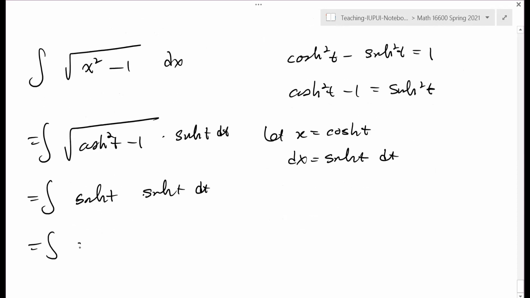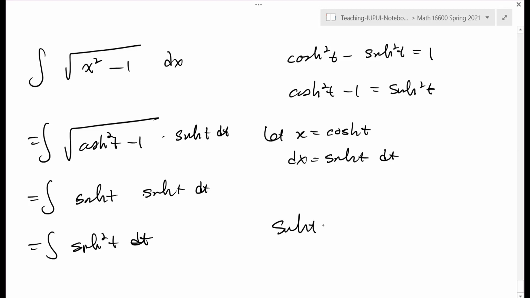So what you get is hyperbolic sine squared t dt. Then the next question is, then what? I think the problem can be easily solved because hyperbolic sine t is a simple function.